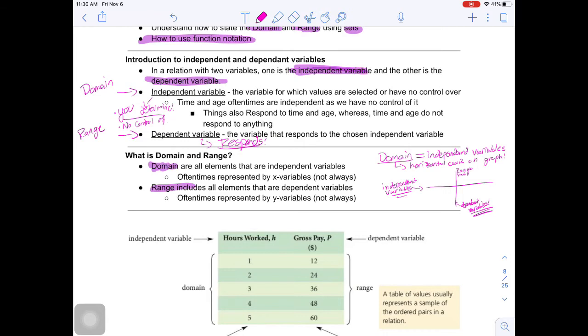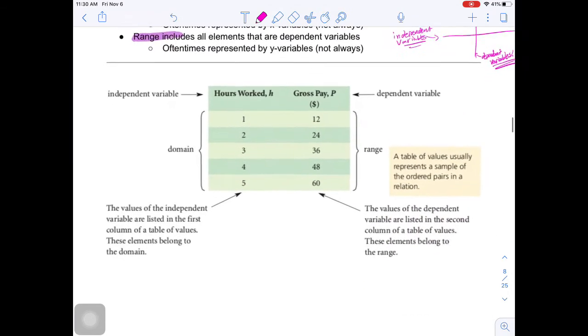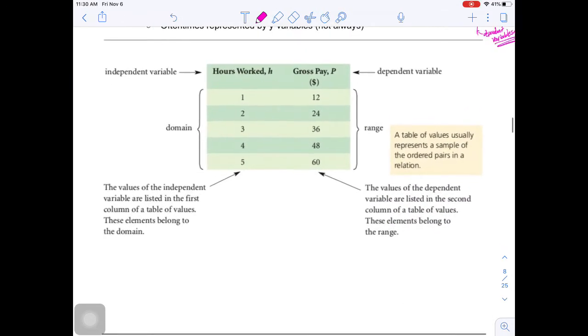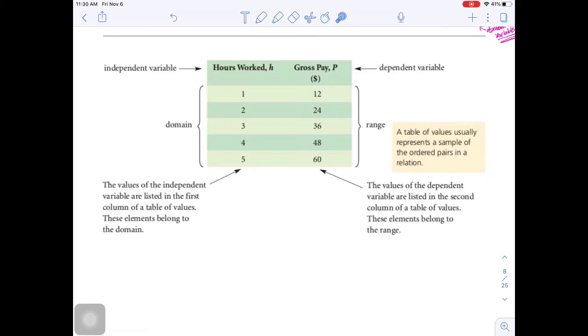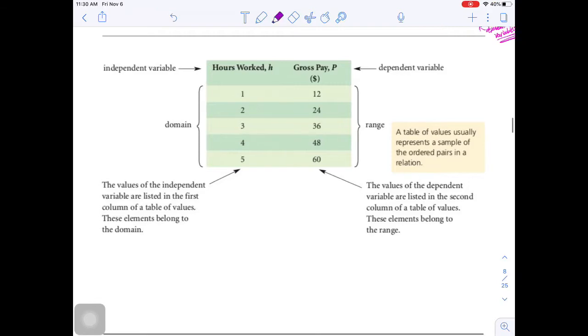Okay, so let's look at a table. We've analyzed tables, and now we're just putting more mathematical, scientific terminologies to it. So here, we've sort of talked about how on the left-hand side and the right-hand side, this is known as your domain. Okay, so we can see here, our independent variables are always on the left-hand side, and then you have the domain set.